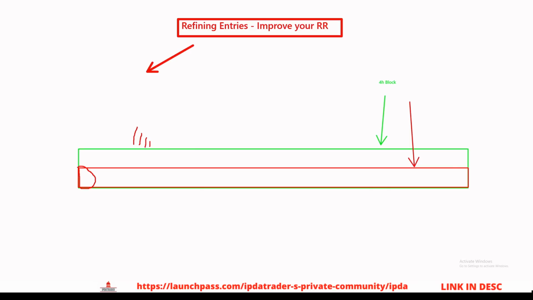And that's much more effective and easier to work with. Also, that way you're not going to be holding drawdown for that long, because obviously your stop loss is smaller. If you take the entry here and price travels deeper, you're going to be suffering all this drawdown, rather than waiting for a refinement, right?